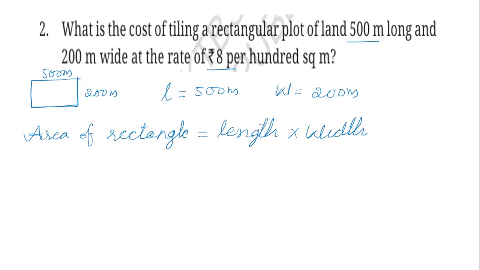Now 500 into 200, that means 5 twos are 10, remaining 0s as it is. Unit, 10, 100, 1000, 10,000, 1 lakh. This becomes 1 lakh meter square.